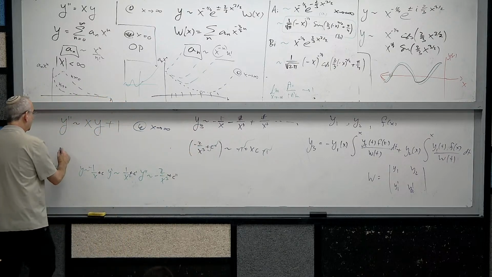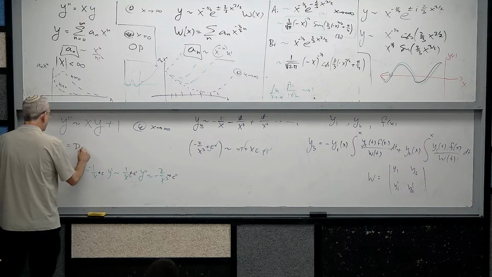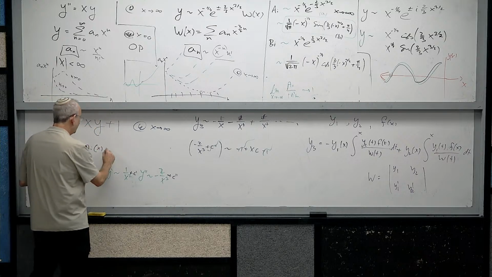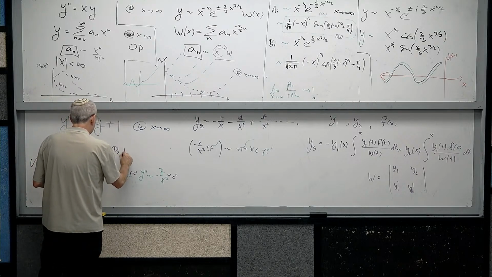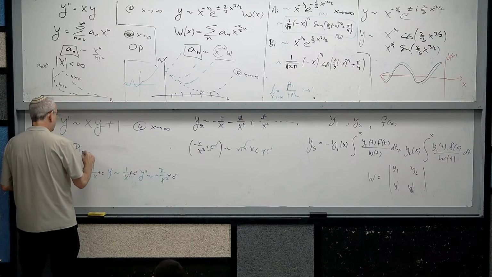So now we know that y is, as I said, d1 times Ai, or it's asymptotic, whatever you like, plus d2 times Bi, or maybe I will write the asymptotics.